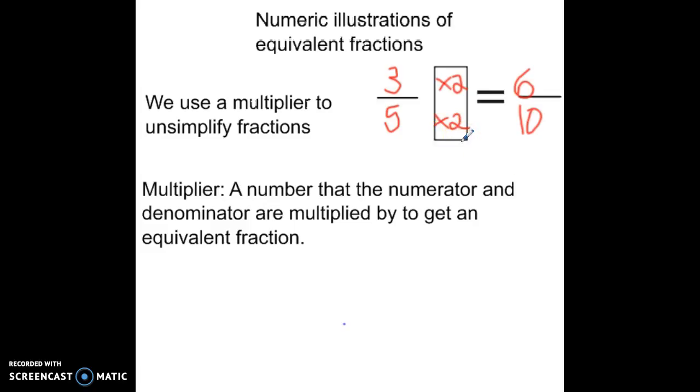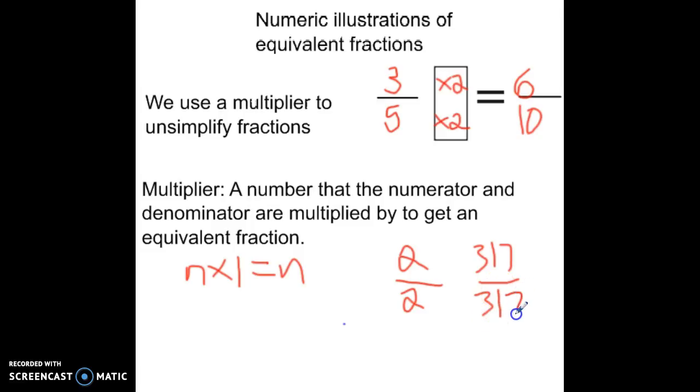Now, why is it important to have the numerator and denominator multiplied by the same multiplier? It's basically this. We know that any number times 1 is the same number. We also know that 2/2 or 317/317, that also is equal to 1.